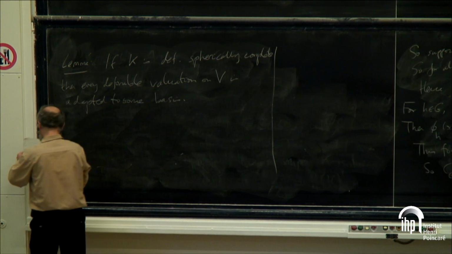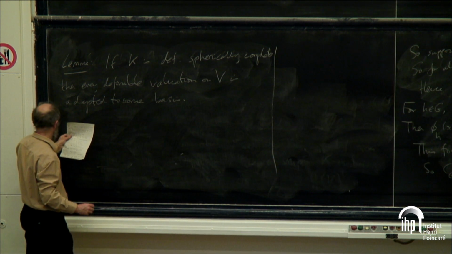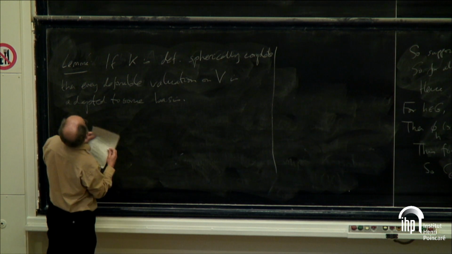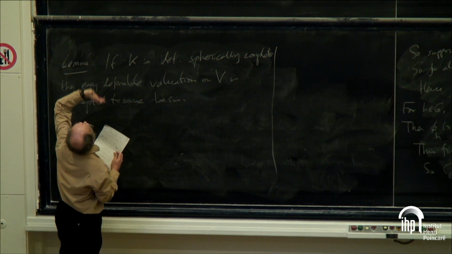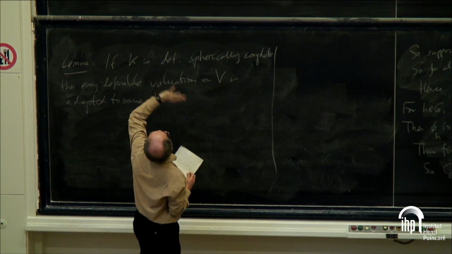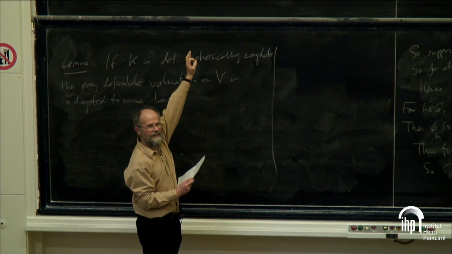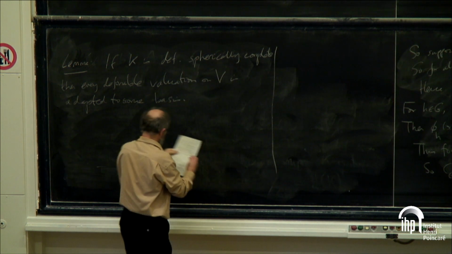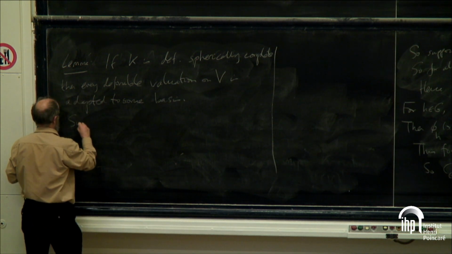Now we're trying to prove that G is not bounded. I didn't actually say it; that's the goal. We're trying to show G is not bounded. So suppose G is bounded.